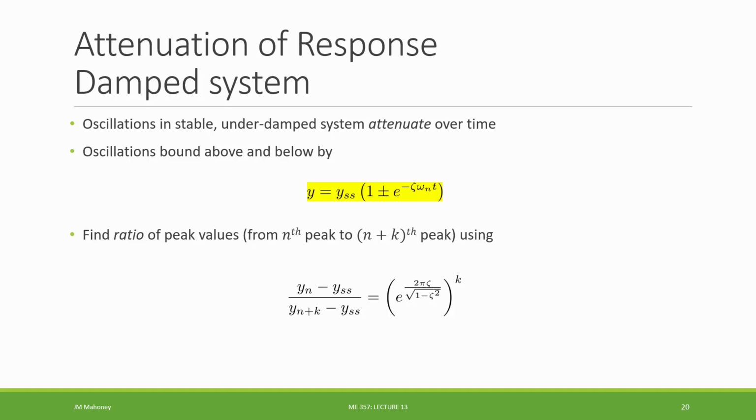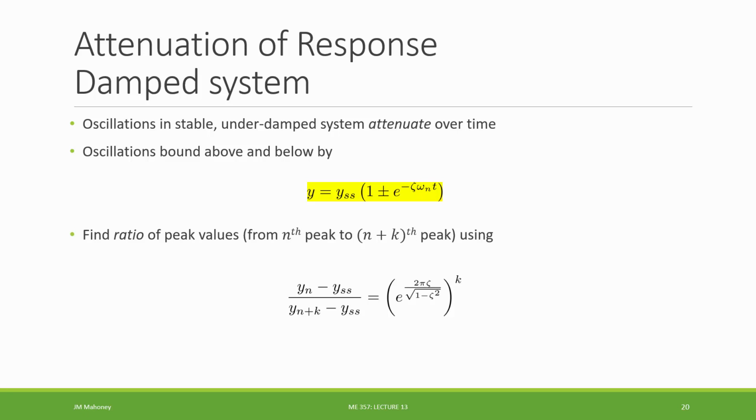Peaks are occurring at half of a period, 3 halves of a period, 5 halves of a period. Every half period, we're going to see a peak. So if we put that time that we found on the previous slide, those times in for t in the highlighted equation, that will give us the value of our response at that peak. If we're looking for valleys or troughs, well, those are happening at whole periods.